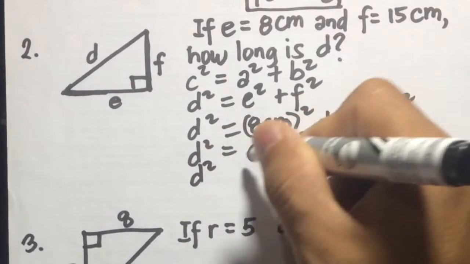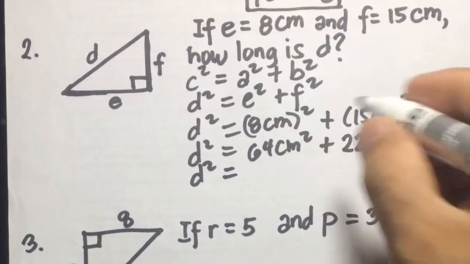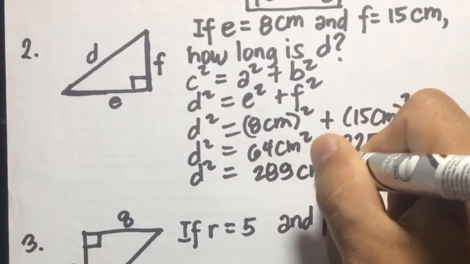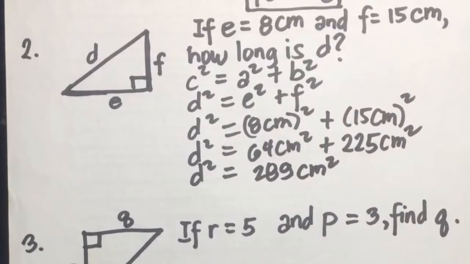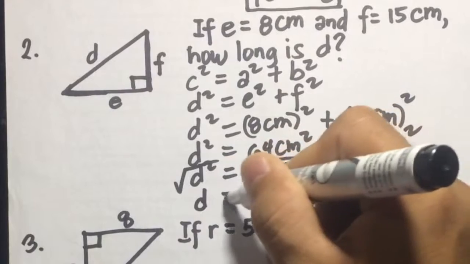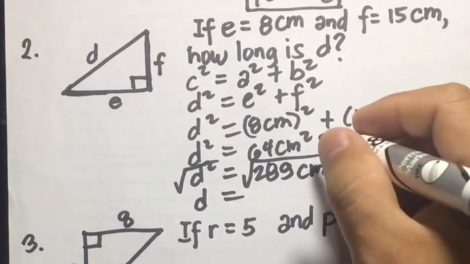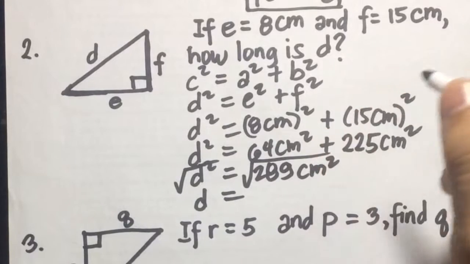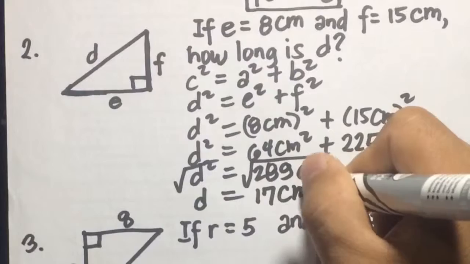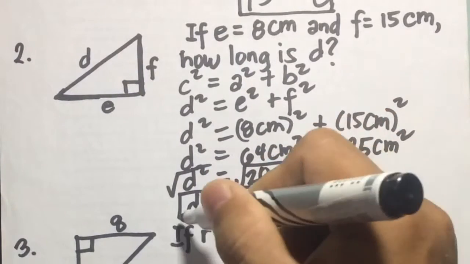Then 64 plus 225 is 289 cm squared. Then extracting the square roots, D is equal to the square root of 289 cm squared, which is 17 centimeters. The length of D is 17 centimeters.